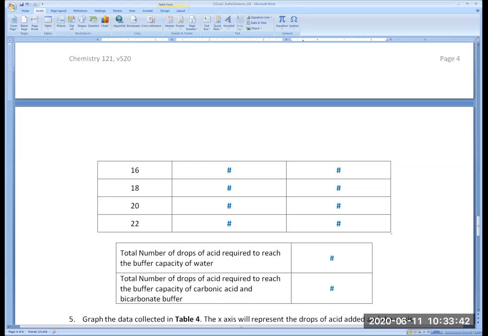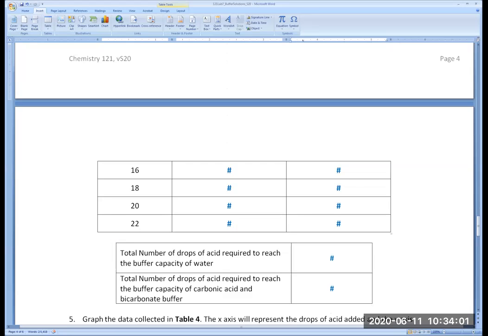But the video doesn't stop there. After that, the professor is trying to show you how many drops you need to add to reach what we call the buffer capacity. So what is the buffer capacity?